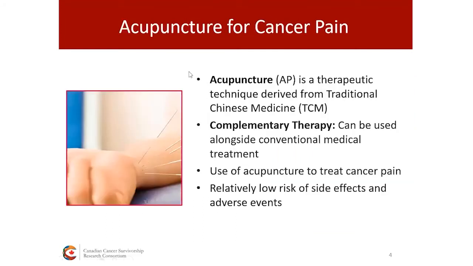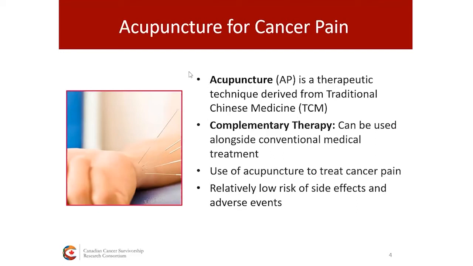Acupuncture has been tried and tested as one of the effective interventions for controlling cancer pain as well as other symptoms. Pain is definitely one of the major symptoms that acupuncture has been found to be effective for. Other symptoms are nausea, vomiting, insomnia, post-traumatic stress disorder, and xerostomia. These are the side effects of cancer treatment as well as cancer symptoms, and acupuncture has been found to be effective against all of these.